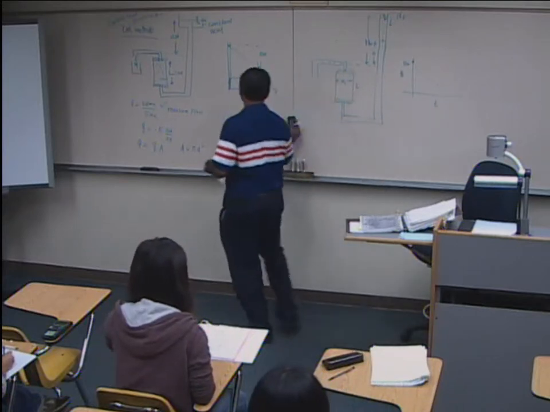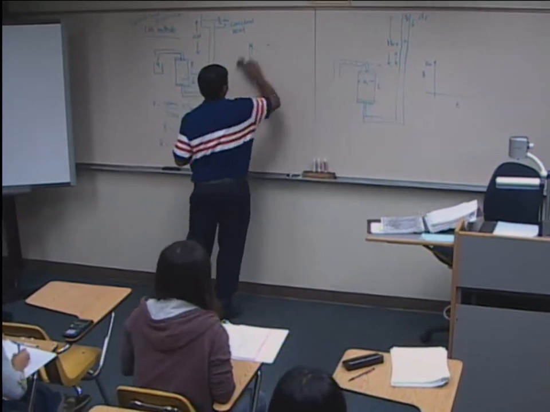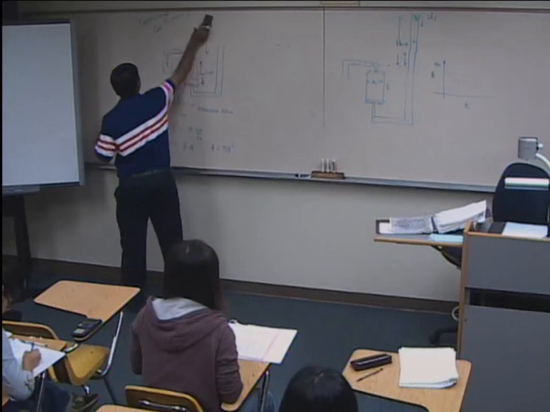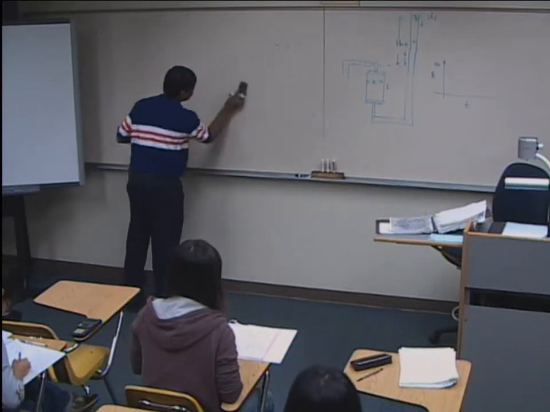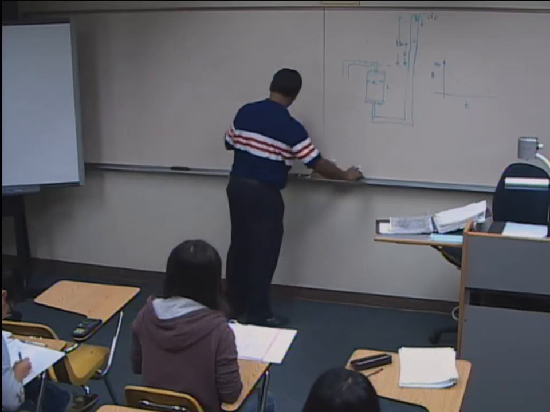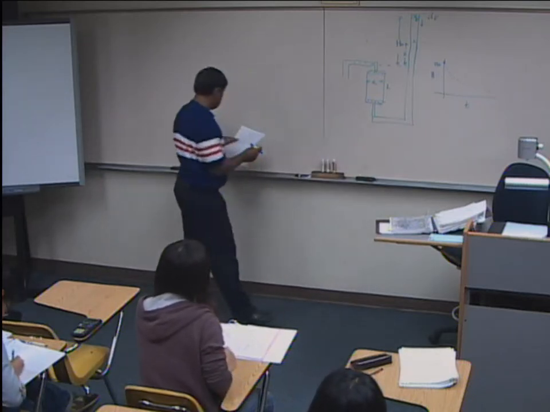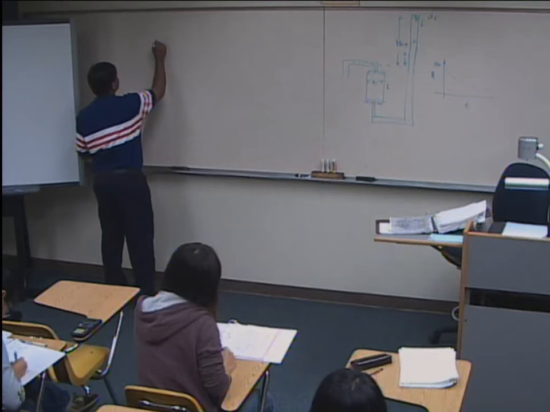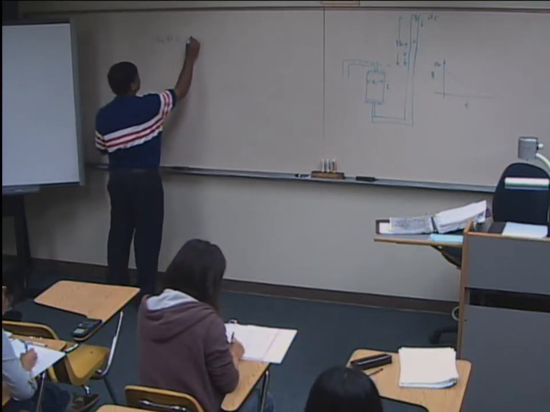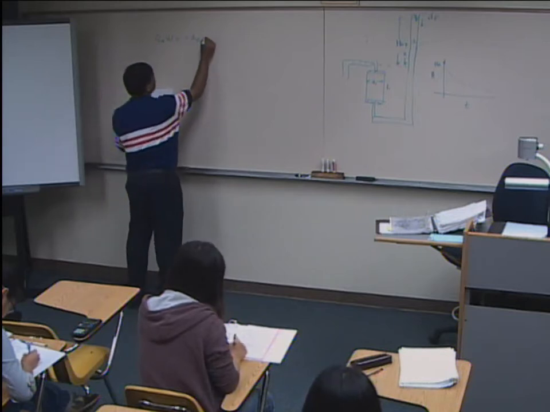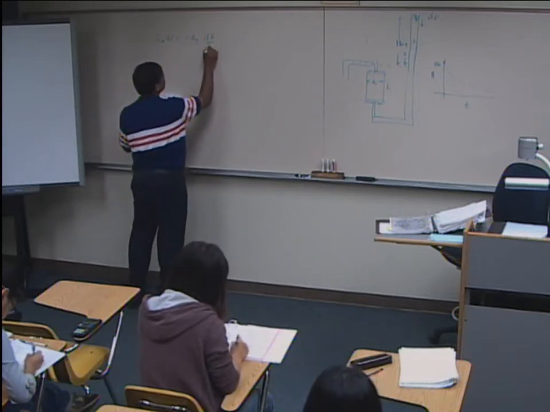In terms of analysis, let me derive it here. Use the continuity equation, literally. Q in as a function of time is equal to minus A tube dH by dt.